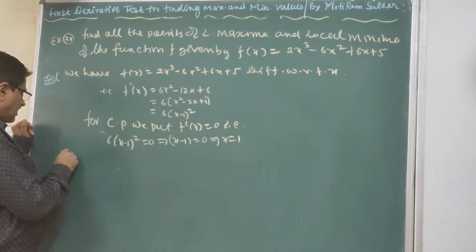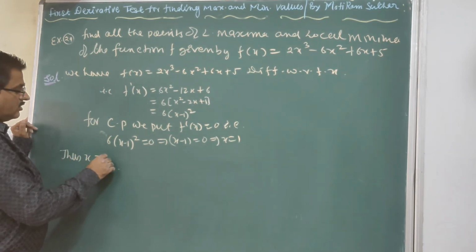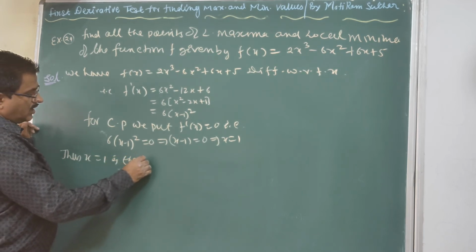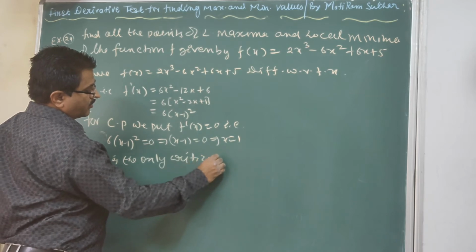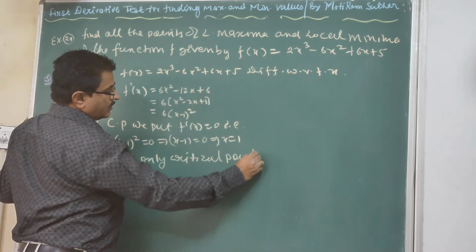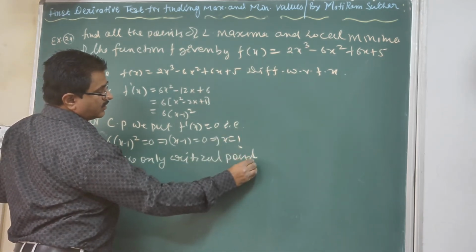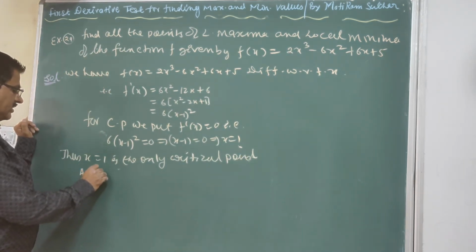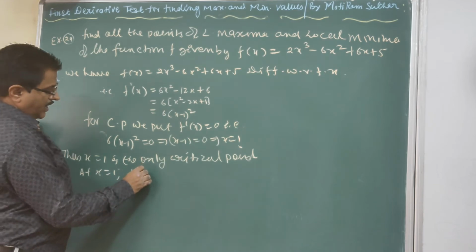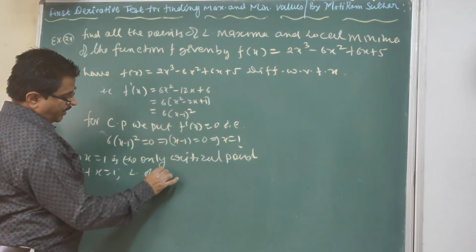Thus x equal to 1 is the only critical point. Clear?